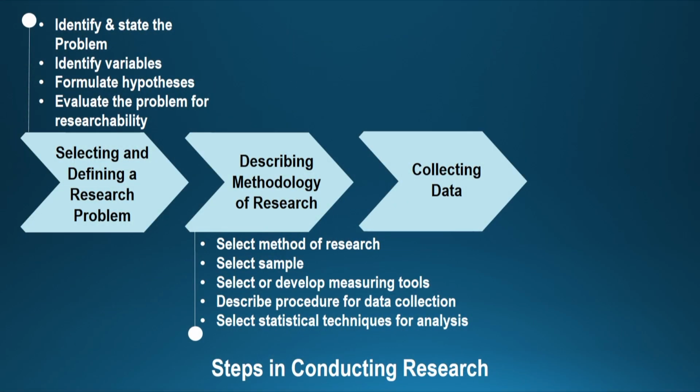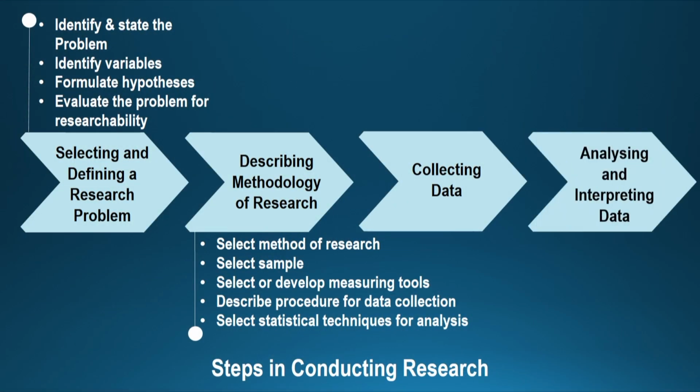The next step in research is to analyze the data and interpret the data. The statistical techniques which have been selected by the researcher are applied on the collected data and the results are interpreted, taking care of the conditions and the limitations of the data.